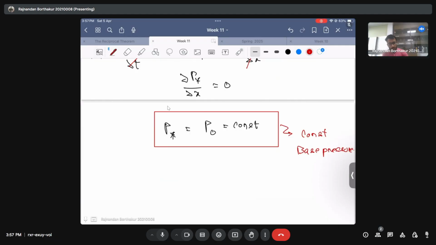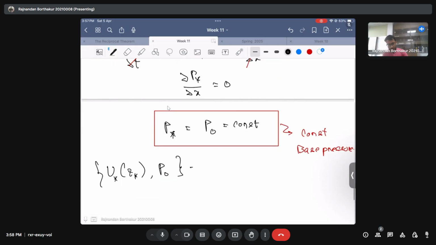So this proves that your base flow variables, U star as a function of Z star and P naught, trivially satisfy the boundary conditions.